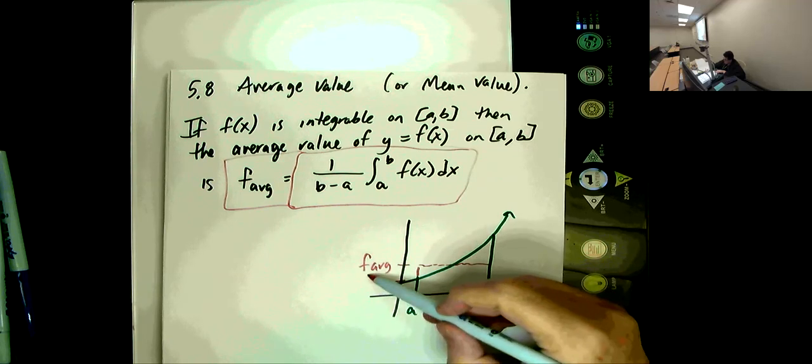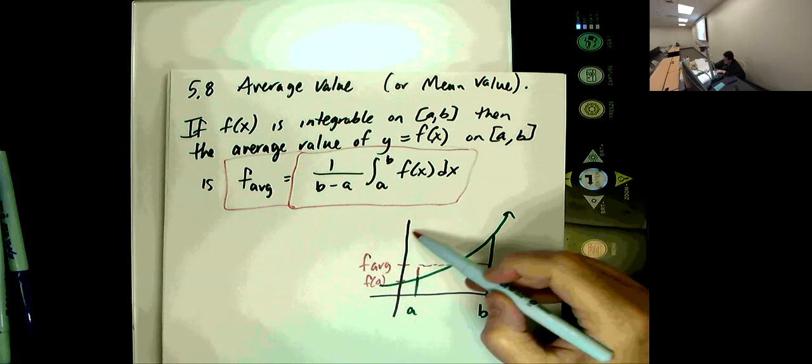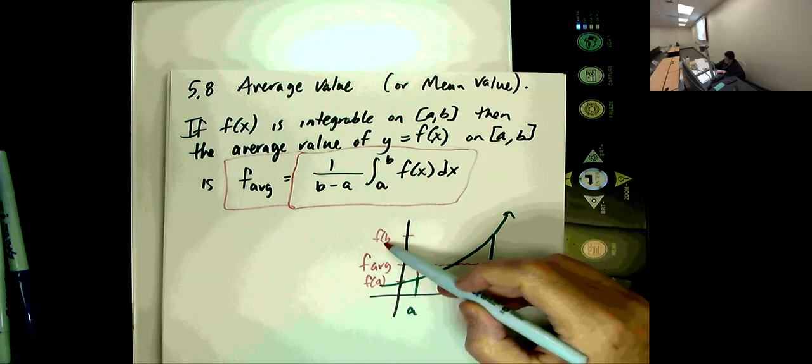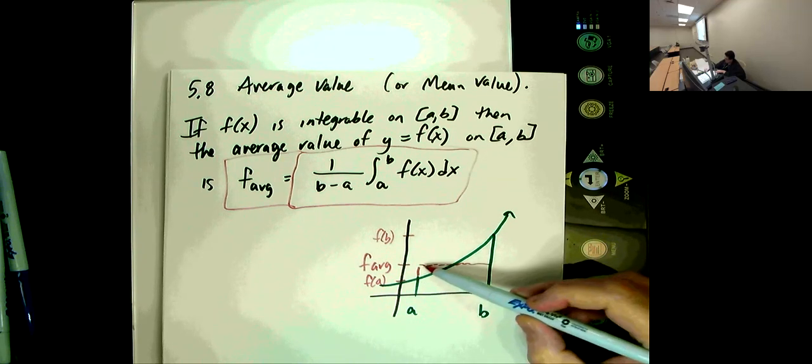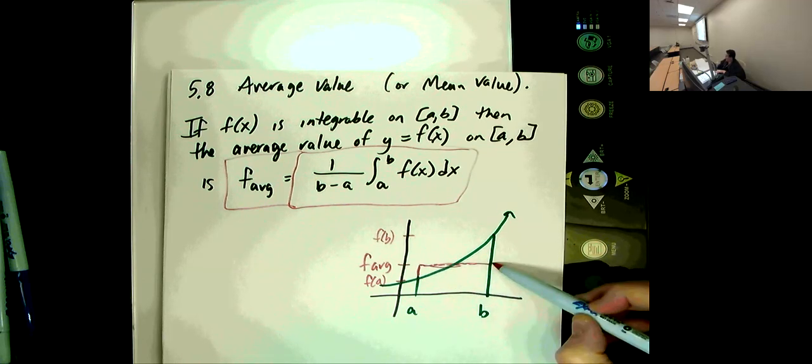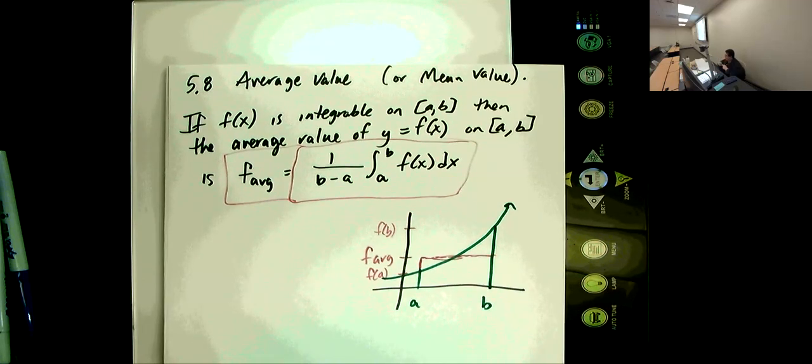This value is f of a. This value up here is f of b. But rather than having one big awkward area, you have a rectangular area. It's kind of like leveling out how much the growth is. And it's based on b minus a. I can show you how they come up with it if you're interested.